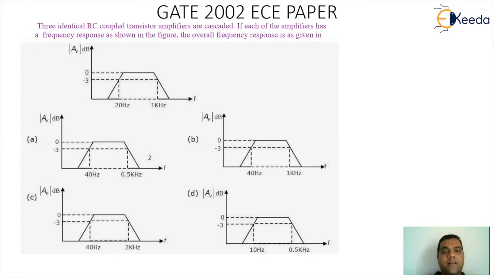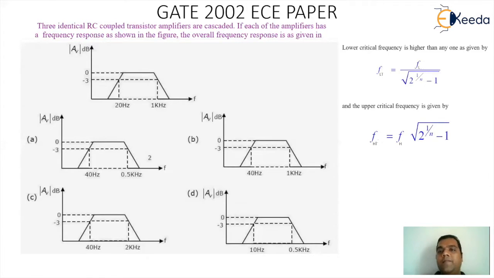Now if you see option A and option D, option A gives a lower cutoff of 40 hertz, which is higher than 20 hertz, and option D gives 10 hertz, which is lower than 20 hertz. As I've said, whenever we go for multi-staging, the lower cutoff will rise in value and the higher cutoff will fall in value. With that concept, we are left with option A. So option A has to be right, but let's verify whether we are right or wrong.